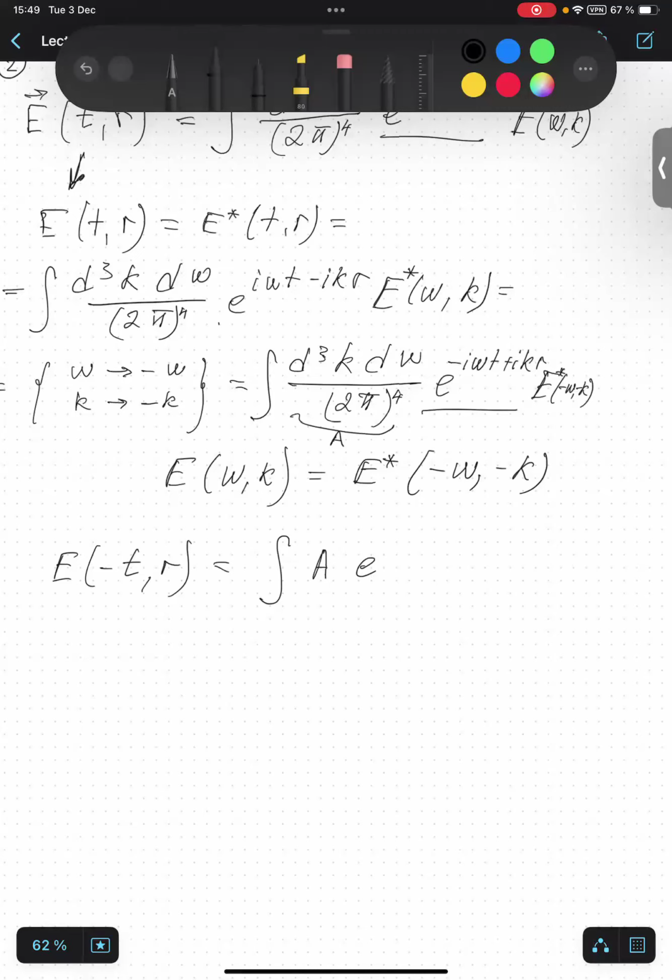We'll have e^{i omega t plus i k r} E(omega, k). We can again change omega to minus omega, k to minus k.